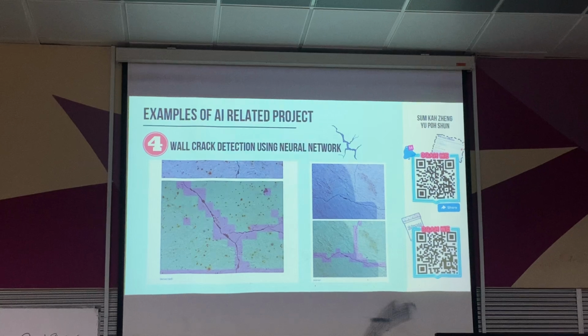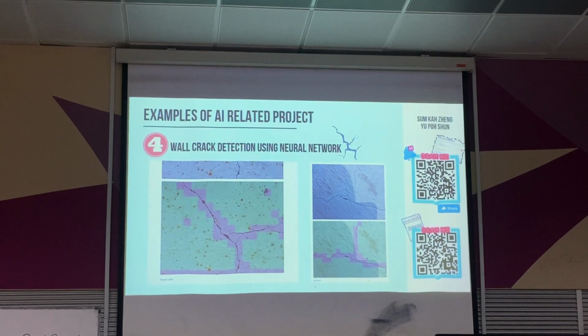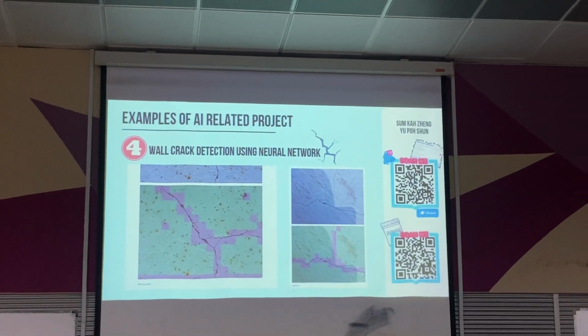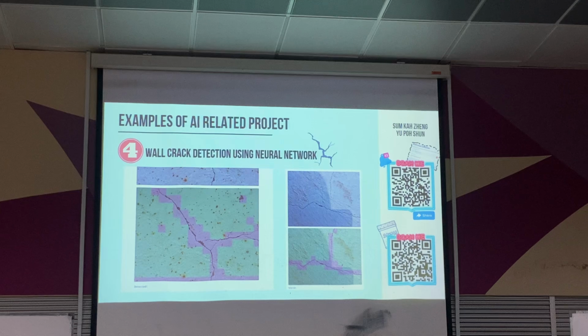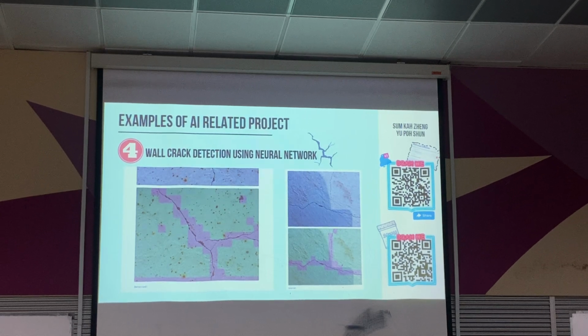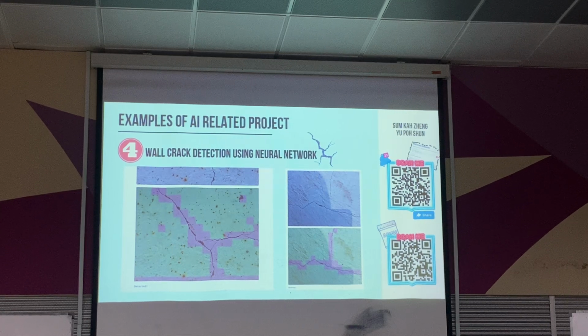So we use a drone to capture images surrounding the buildings, and then these images are sent to the so-called neural networks to identify the wall cracks. Then we have a dashboard to identify which area or region has a crack, what the crack width is, and all the information. Then we can take action, maybe go and repair the building or the wall.